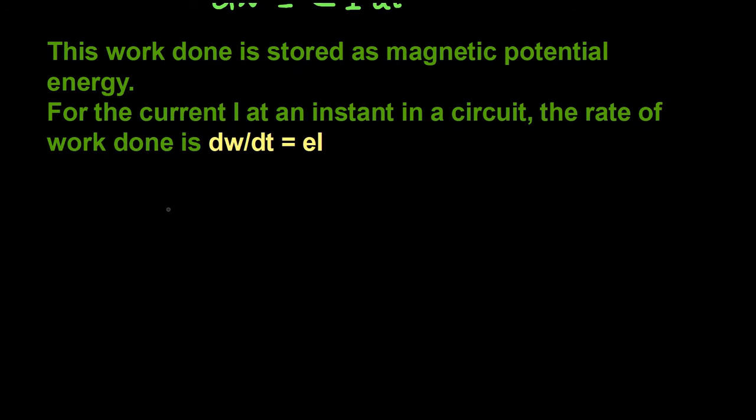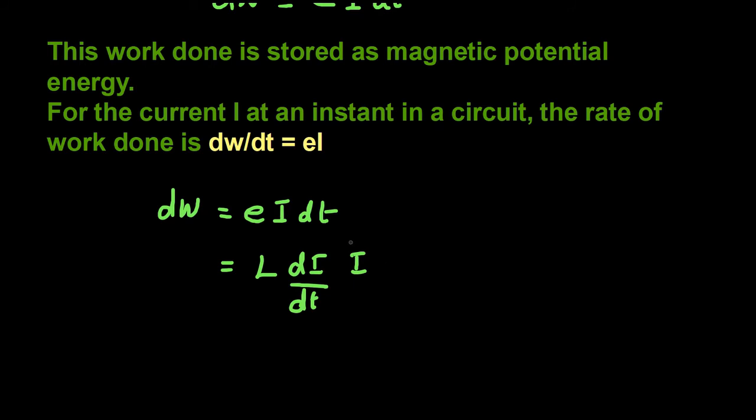We know dW equals EI dt, and we know the EMF is L di by dt, which is the magnitude of induced EMF, into I into dt, or dW equals L I into di.